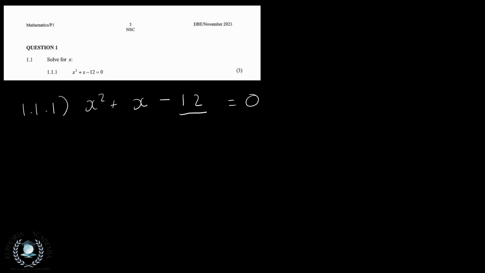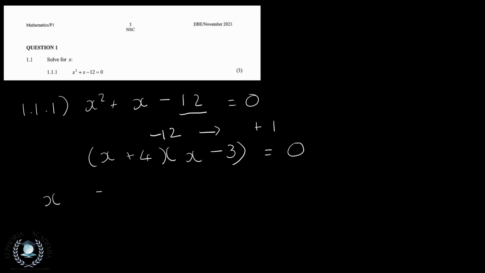So, I know I need to find the factors of minus 12 that will give a result of positive 1 when they are added together, and this turns out to be x plus 4 as well as x minus 3 being equal to 0. That's the above being factorized. Okay, so that means we're going to have a result of x is equal to minus 4 or x is equal to 3.